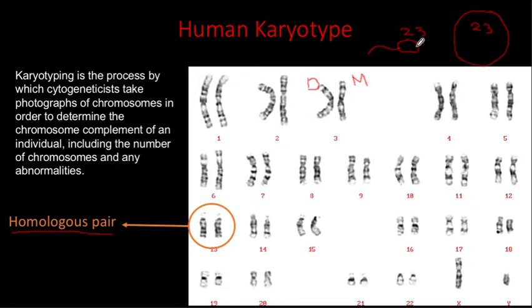And when the sperm fertilizes the egg, you end up with 23 plus 23, giving you a total of, I'll just draw it here, 46. And so this is where all of your chromosomes come from. One is from dad and one is from mother. One is from the sperm and one is from the egg.